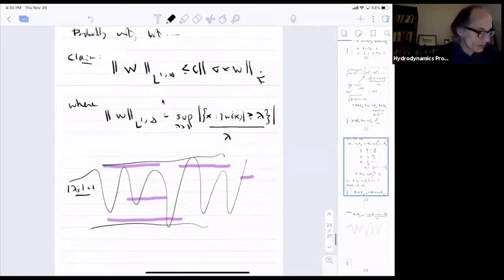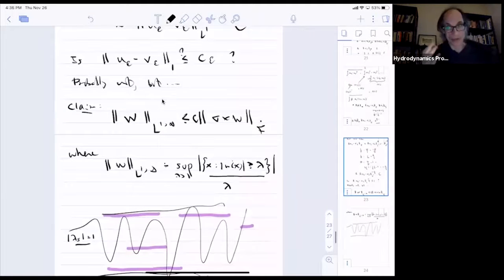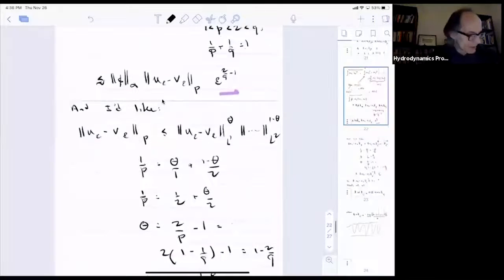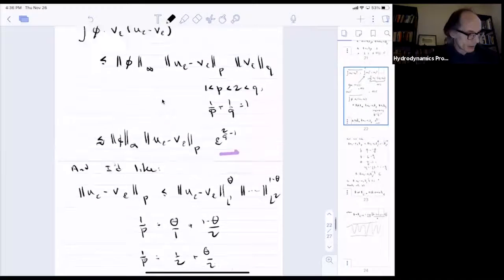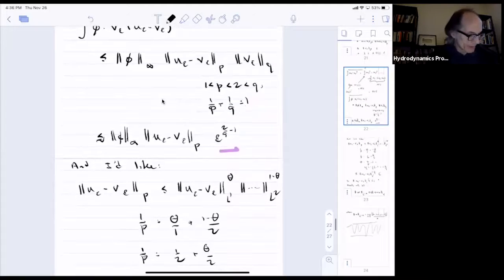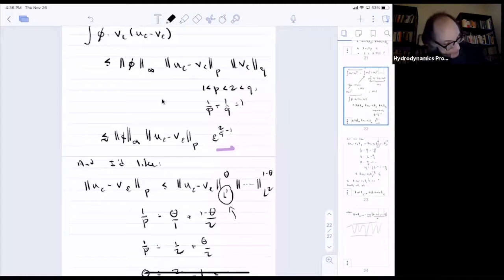Okay, and so this follows from, well, there are two claims. One is that we have this Lorentz space estimate, and the other is that this interpolation inequality up here is still true if I replace L1 by the weaker space L1 infinity.